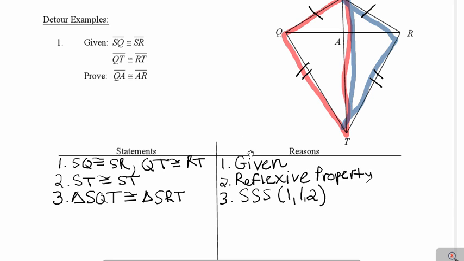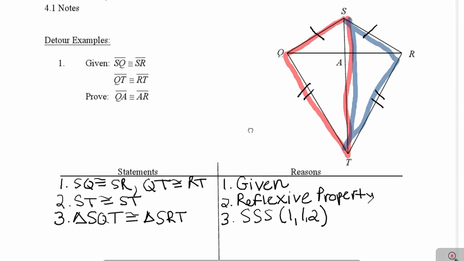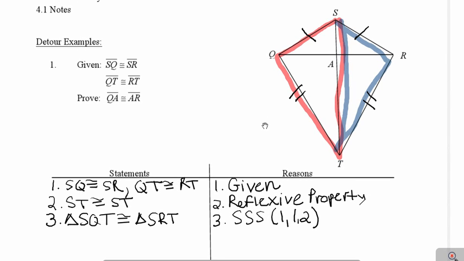So there's 2 different ways you can go about doing this proof. We can either prove the bottom 2 smaller triangles congruent or the top 2. It really doesn't matter. You get to choose. So I'm just going to choose the top 2, triangle SQA and SRA. Okay, but in order to prove these 2 triangles congruent, I'm going to need something that they have in common with these large triangles.